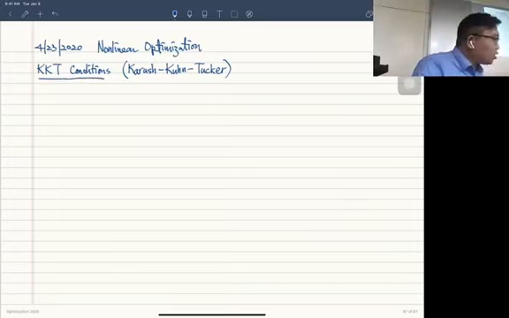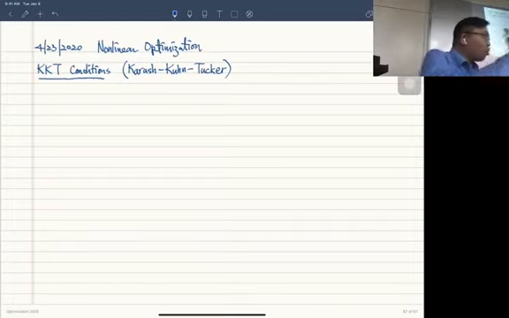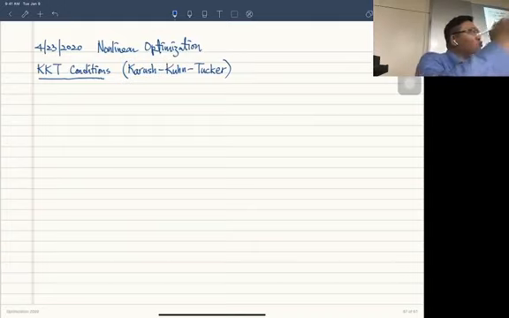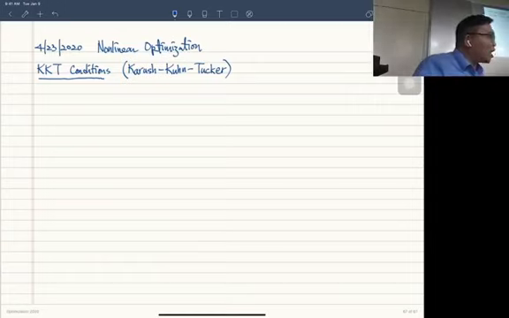So what does this do? KKT conditions help you evaluate if some solution point is already optimal in a constraint optimization problem. It's quite powerful. It's several conditions that you could check, and when you are able to satisfy those rules, you have a very high chance that the solution is optimal.